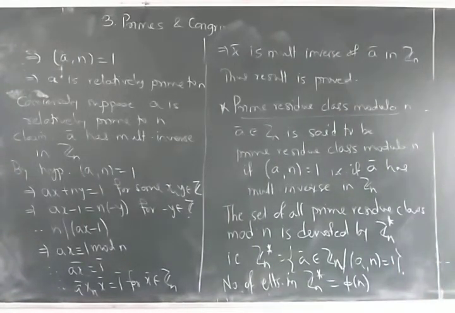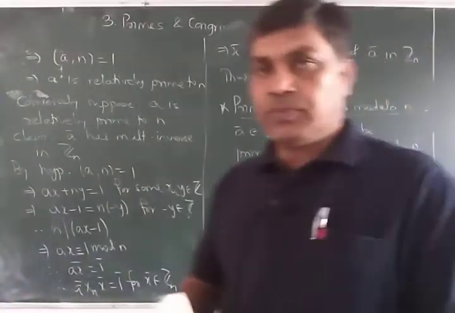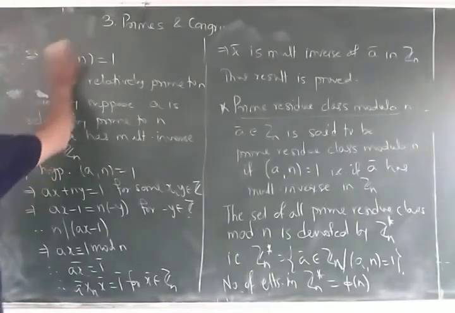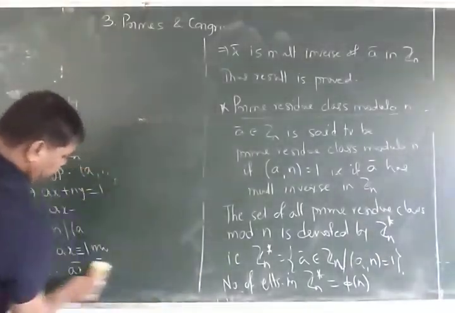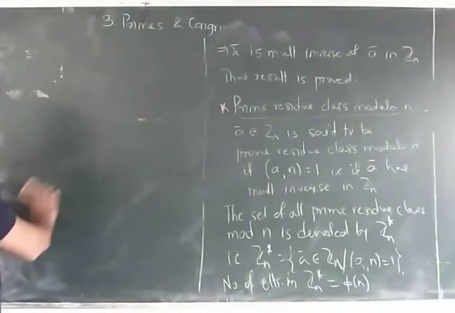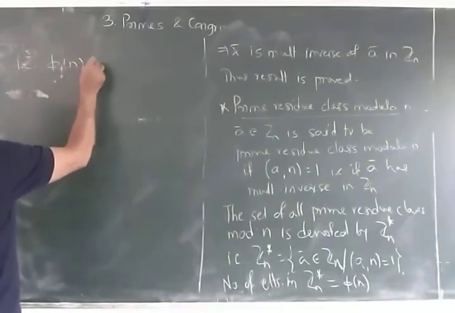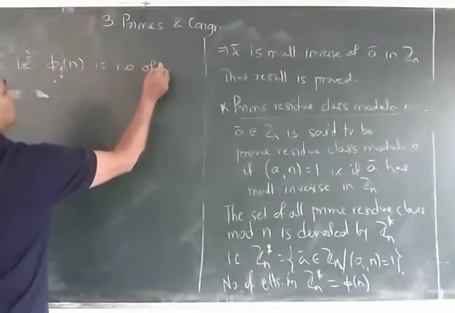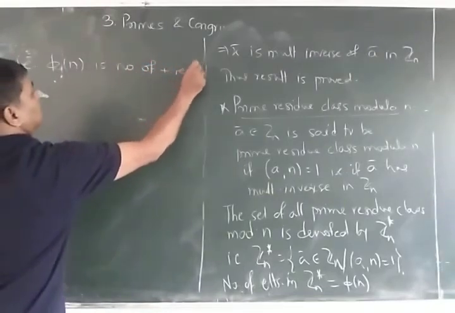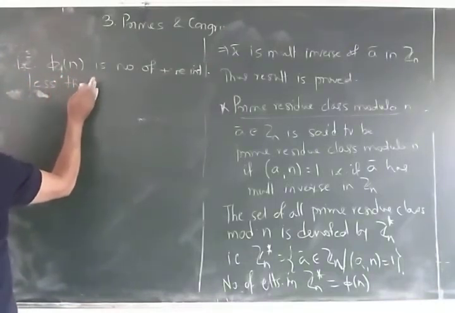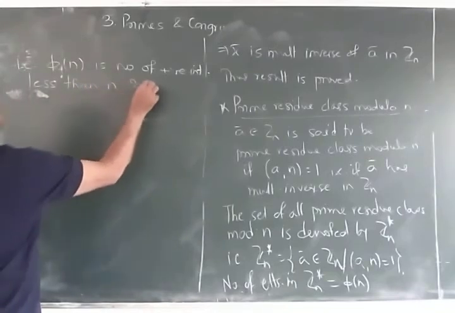That is, phi of n is the number of positive integers A less than n which are relatively prime to n.